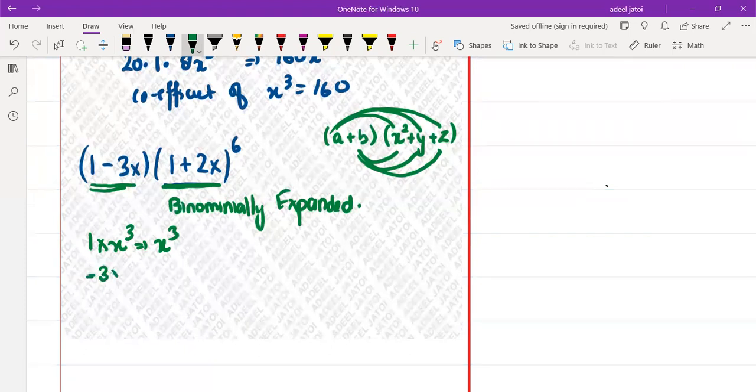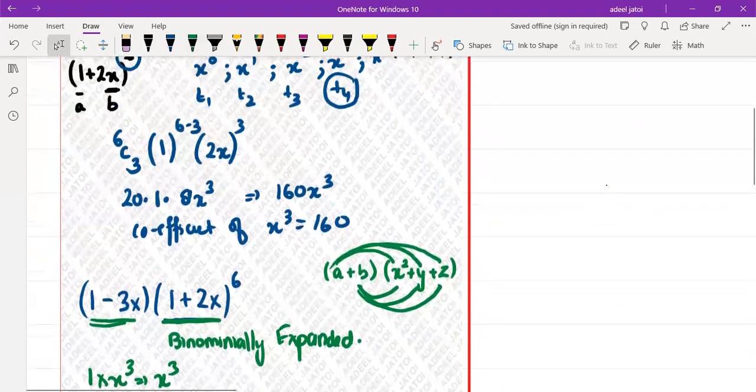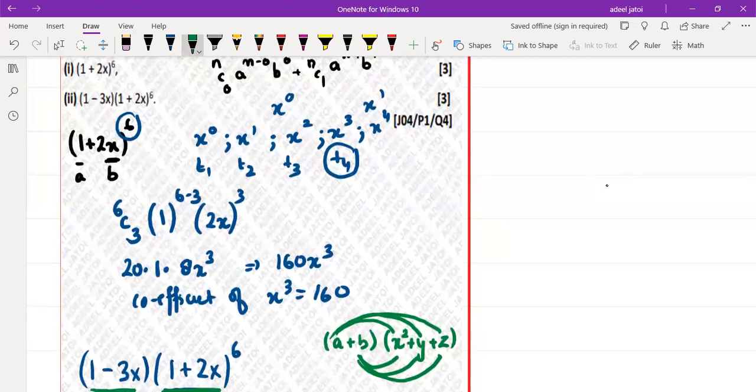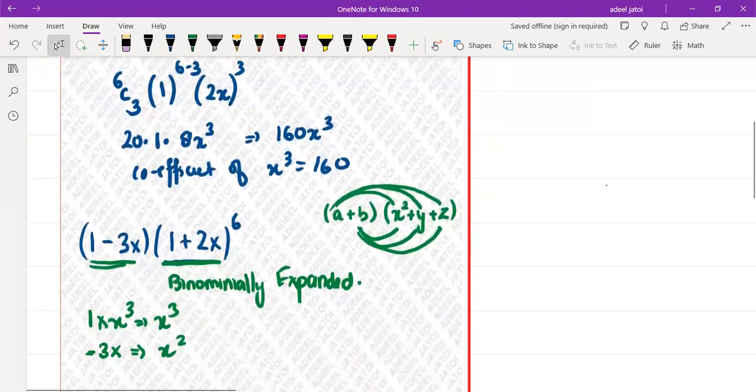Your minus 3x should be multiplied with the term with x square. And where did you get x square? Your x square will come under term 3. You already found out term 4, but you need x square as well, so that you multiply with minus 3x and you get x cube.